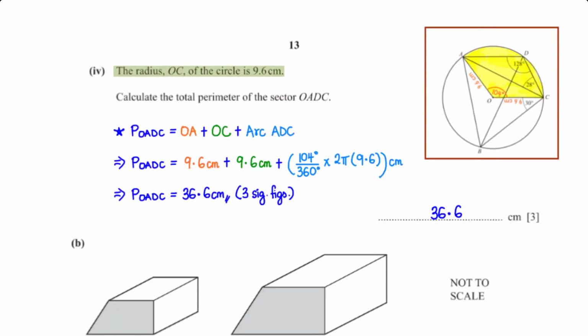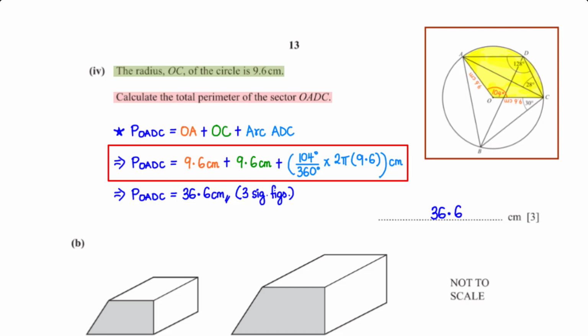The radius OC of the circle is 9.6 centimeters. Calculate the total perimeter of the sector OADC. The total perimeter of OADC is equal to OA plus OC plus arc ADC. OA is 9.6 centimeters and OC is also 9.6 centimeters.